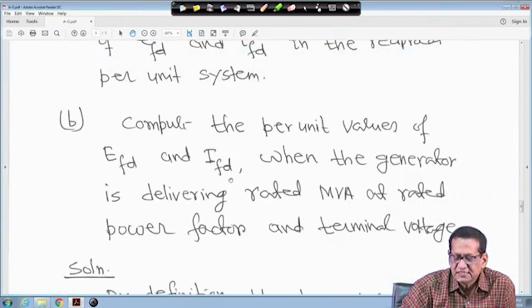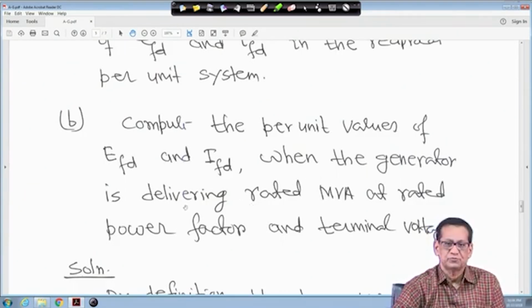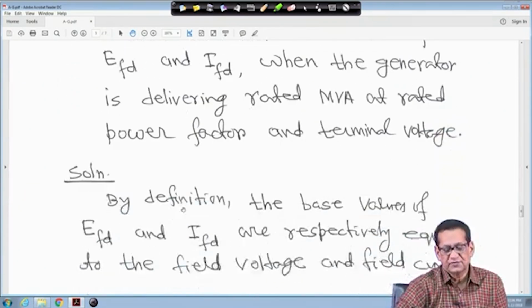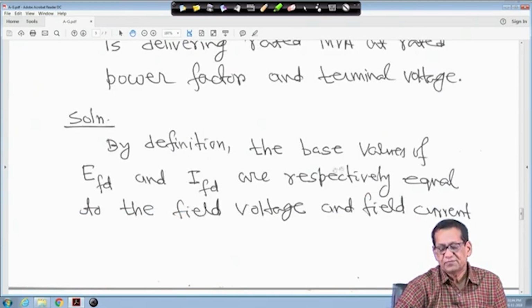Now, part B is to compute the per unit values of EFD and IFD when the generator is delivering rated MVA at rated power factor and terminal voltage. Solution: by definition, the base values of EFD and IFD are respectively equal to the field voltage and field current required to produce rated air gap line voltage.